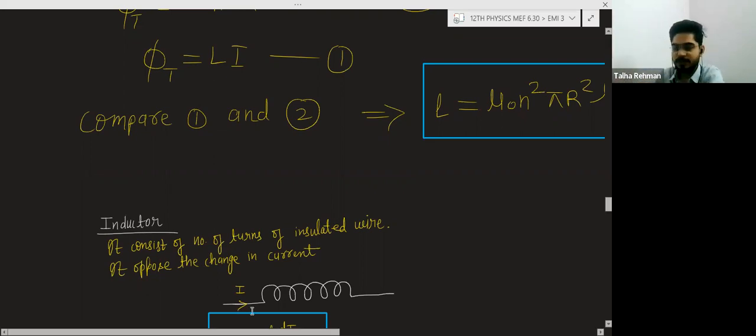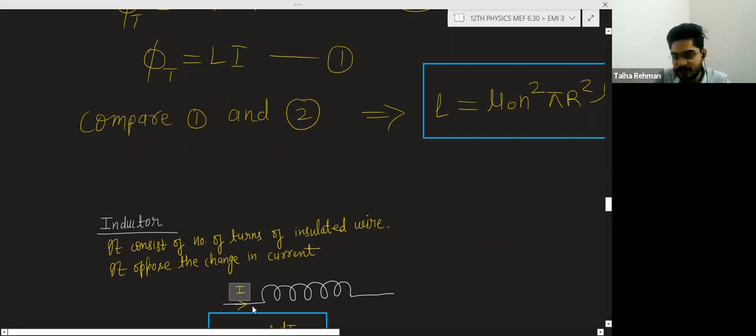Exactly I cannot make it, but try to just imagine. So this is the inductor. This consists of a number of turns of the insulated wire. This is one turn, second turn, third, fourth, fifth. A number of turns are there.